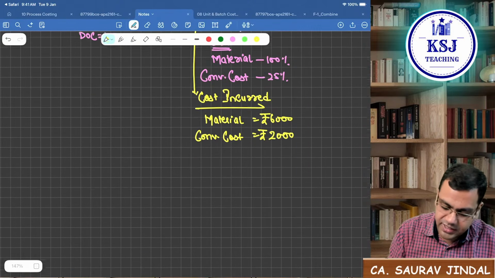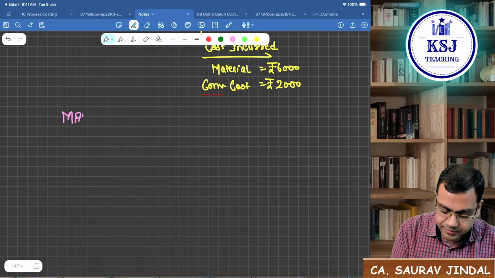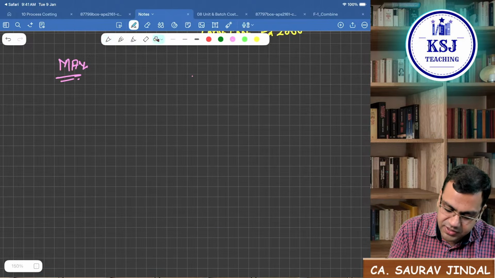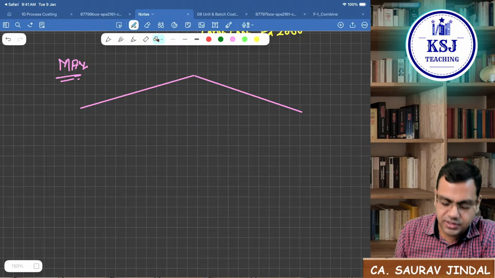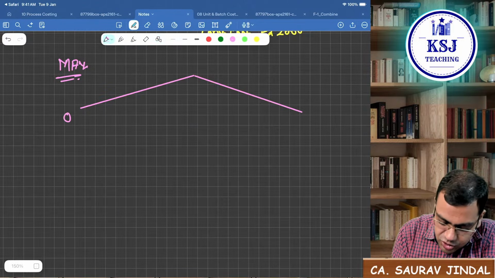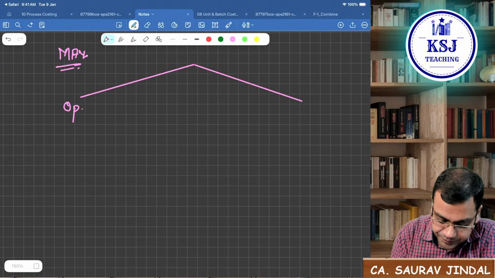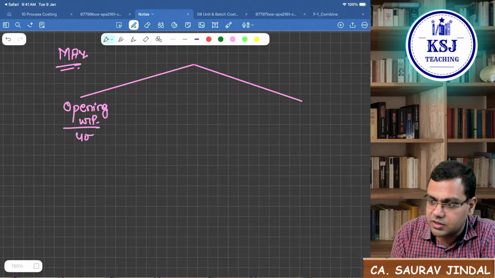Now coming to the next month. In the month of May, you will complete this opening WIP also, yes or no? Yes, sir. So the closing of April becomes the opening in May, so you will get opening WIP of 4,000 kg.